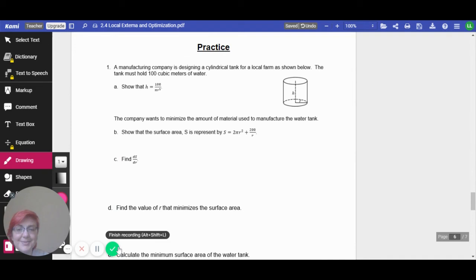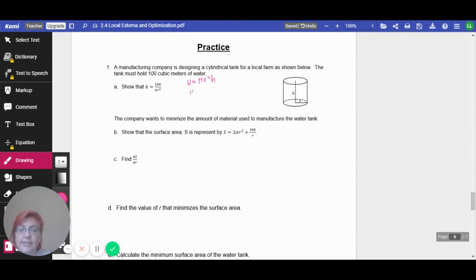Let's start the practice. The first thing that we're asked to do is to show that h equals 100 over pi r squared. Well, I know that volume equals pi r squared h. I also know that here my tank must hold 100 cubic meters of water.